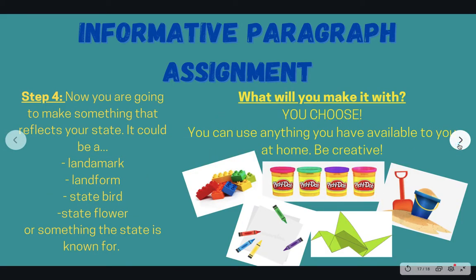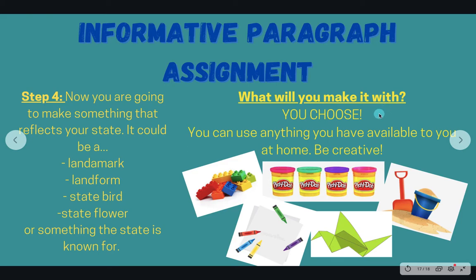So now you're going to think back to your state and think of some things that relate to your state. So in step 4, now you're going to make something that reflects your state. It could be a landmark, a landform, a state bird, a state flower, or something the state is known for. So what will you make it with?